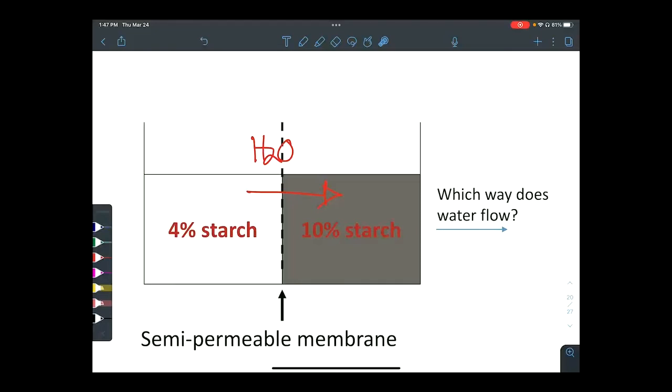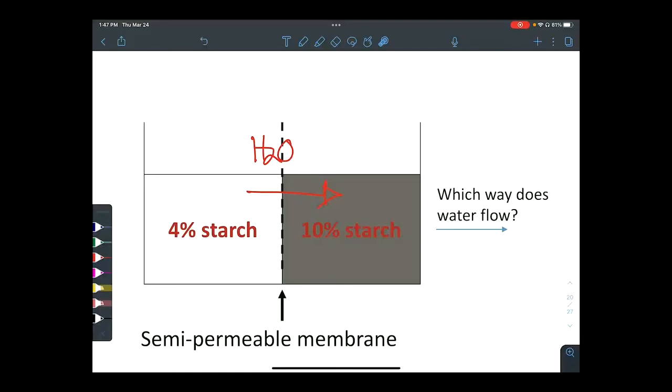So that means water has to go that way. It's weird because the water is going towards the higher number. To me, that's counterintuitive. But the whole idea is we're going to dilute the higher concentration starch side so it matches the other side. Because what happens when water moves that way, we are diluting this side, but what are we doing to the left side? We're removing water, right?